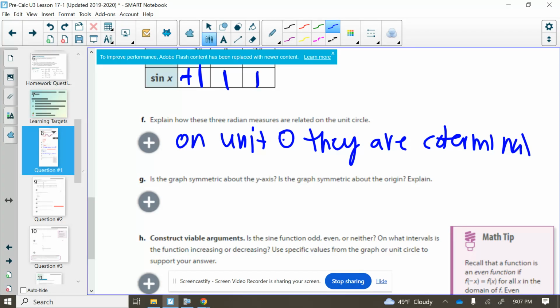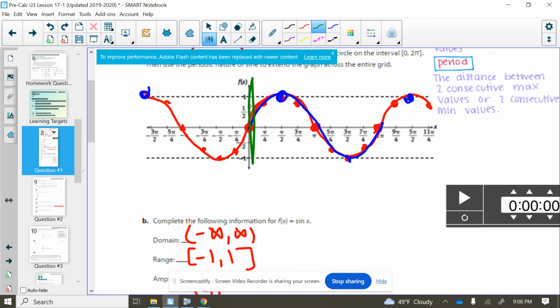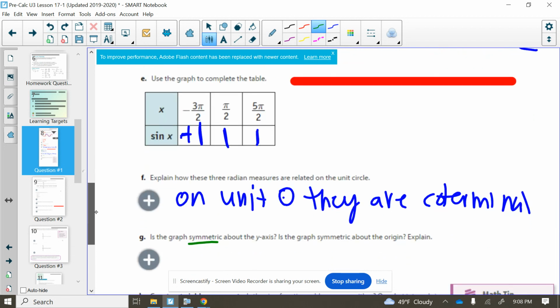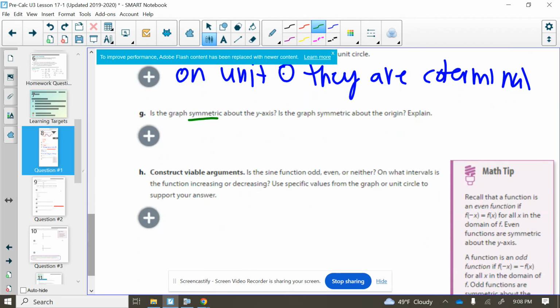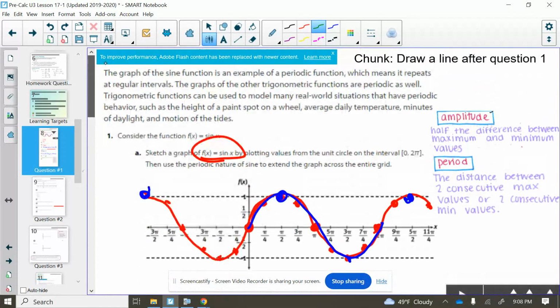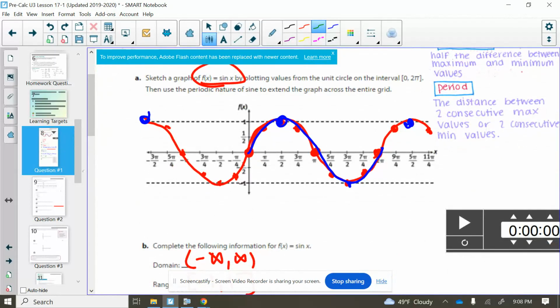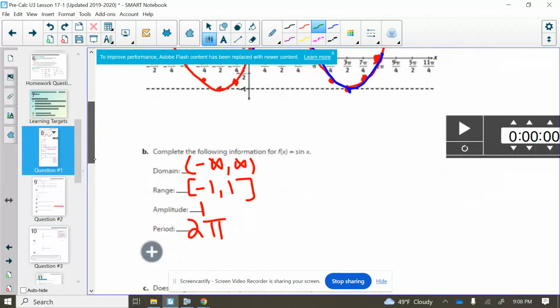And if we look at this graph, when it comes to the symmetry of it, if we try to fold this graph over the y-axis, we notice it is not going to fold onto itself. So we would say that it does not have symmetry about the y-axis. However, if we think about the symmetry to the origin, if we flipped this graph upside down, it would in fact look exactly the same.